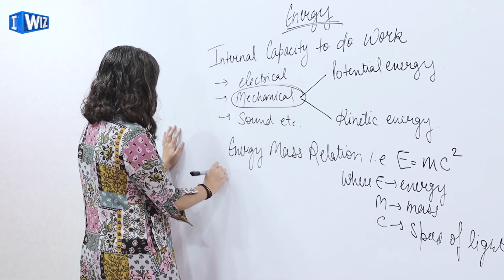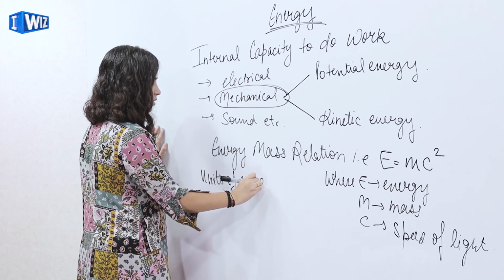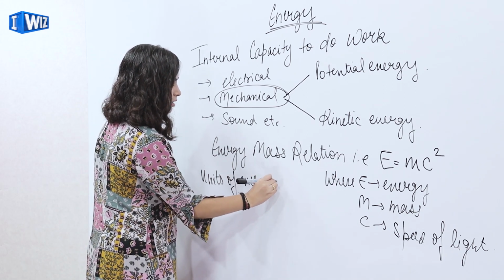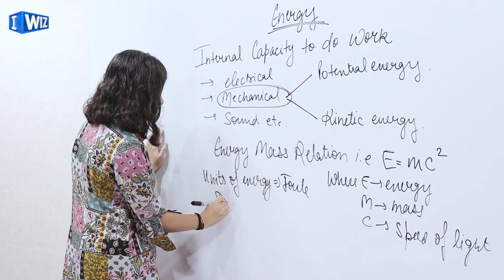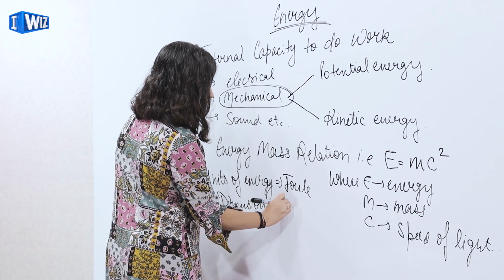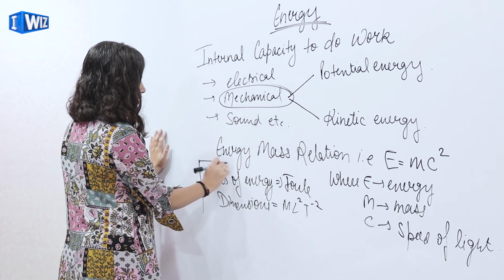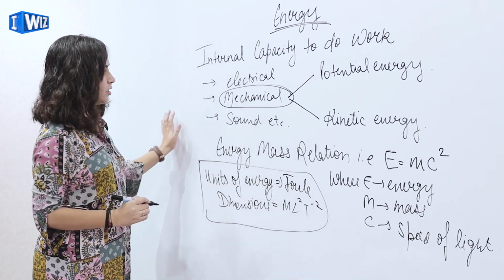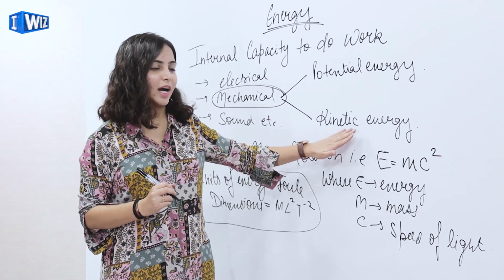The unit of energy is joule and its dimensions are ML square T minus 2. So this was the brief introduction to energy. Now let's move to kinetic energy.